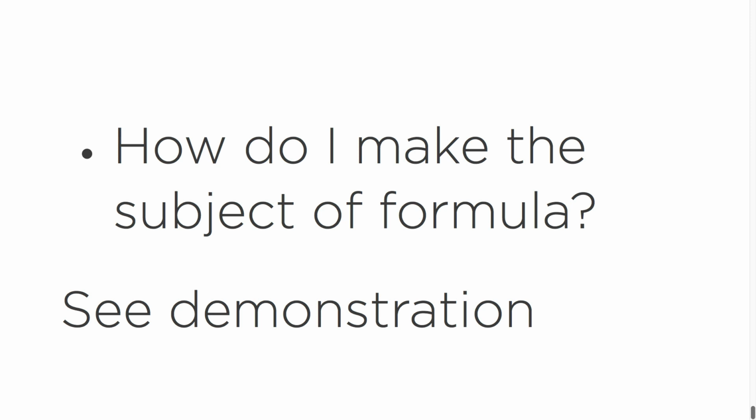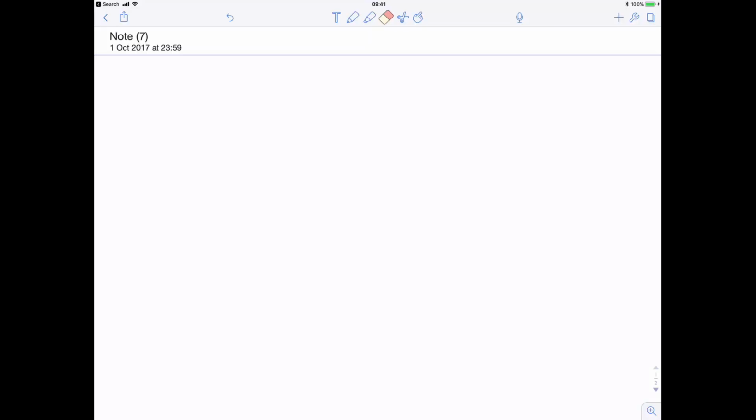How do I make this the subject of a formula? Okay, so this is one of the problems which seems to be a mathematical problem, but this is one of the problems that students have when they are confronted with this question. So I'm going to do a little demonstration, and I'm going to use the famous E equals mc squared.